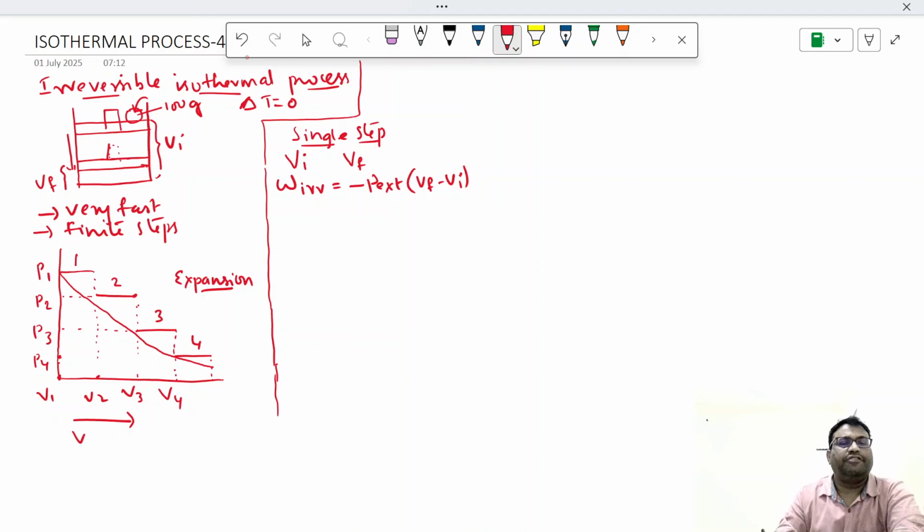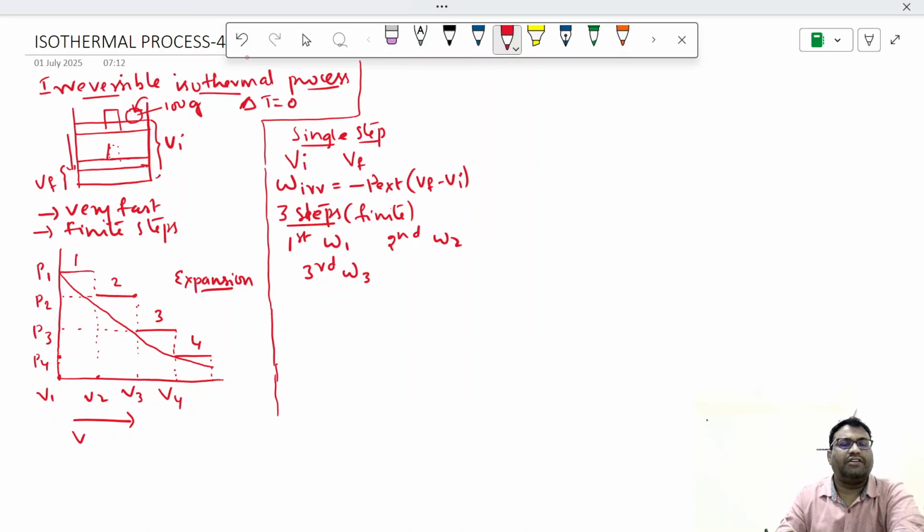Okay. If it is happening in more than one step, for example, it is happening in 3 steps, which are finite steps. So work done in the first step is W1, work done in second step is W2, and work done in third step is W3.